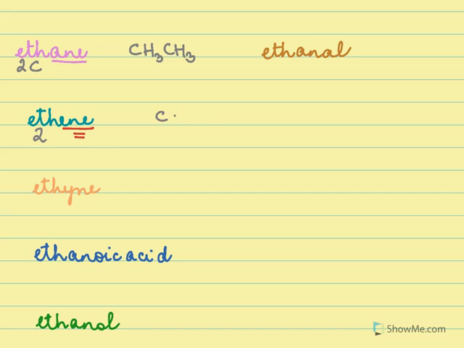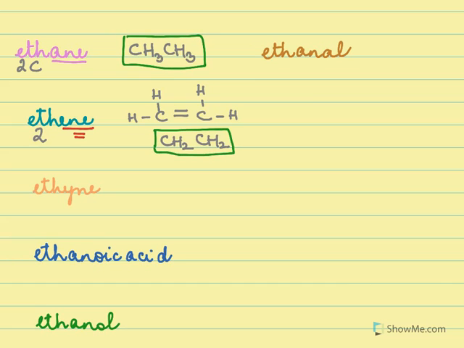So we have two carbons here with a double bond. So hydrogen, hydrogen. So ethene would be CH2, CH2. Just notice the difference. This is ethane and this is ethene. Both are two carbons. One has got a double bond, one does not.